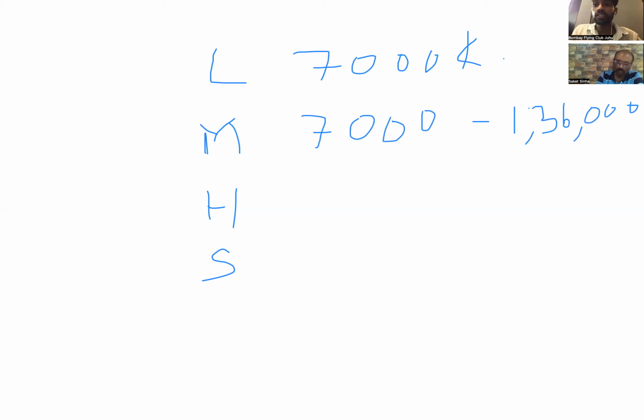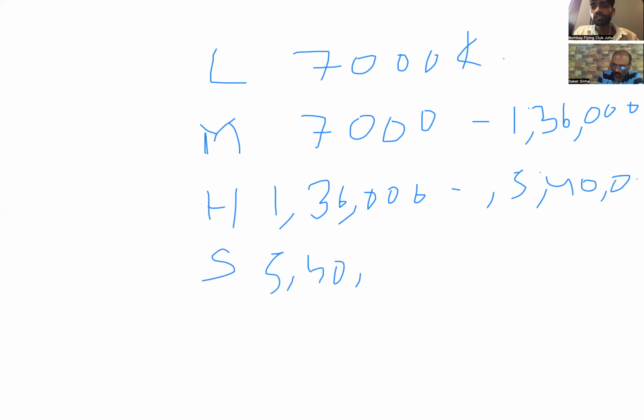Heavy aircraft is when the weight is from 136,000 kg to 540,000 kg. An aircraft whose weight is more than 440,000 kg is known as a super heavy aircraft. There is only one super heavy aircraft flying in the world right now, that is the 380, guys. There is no other.